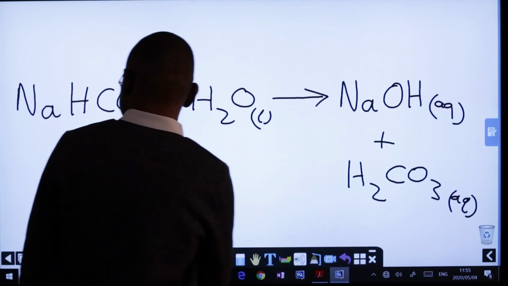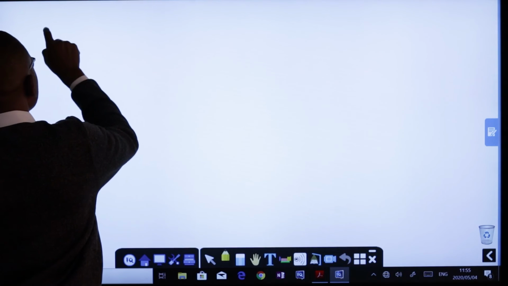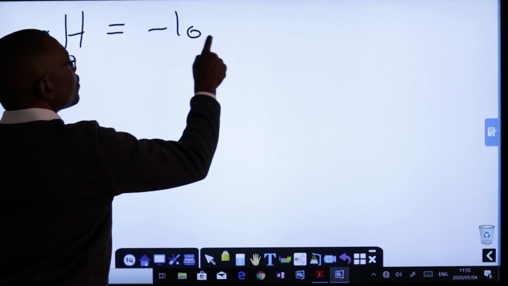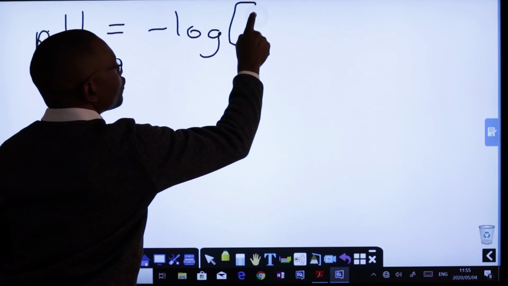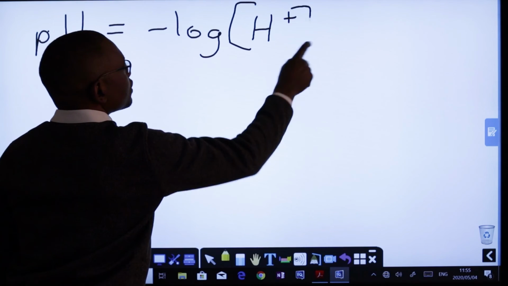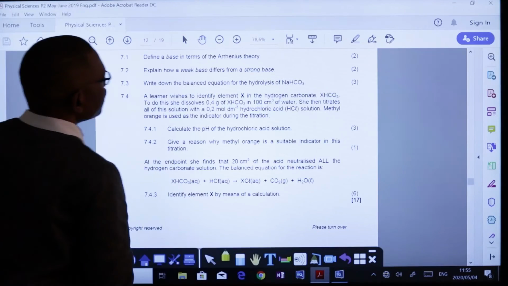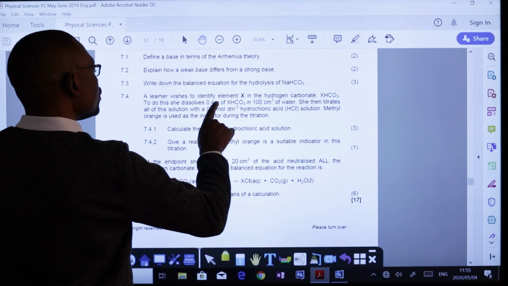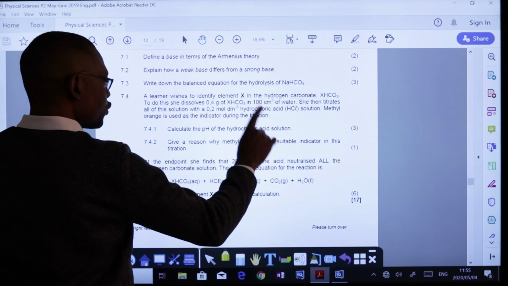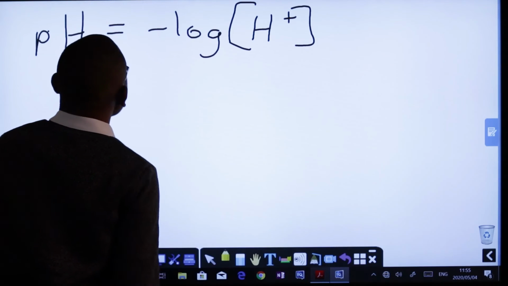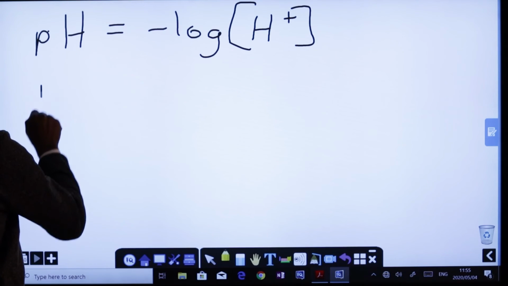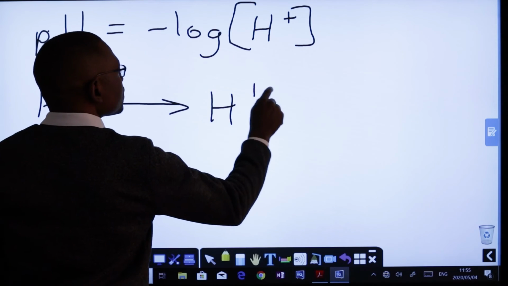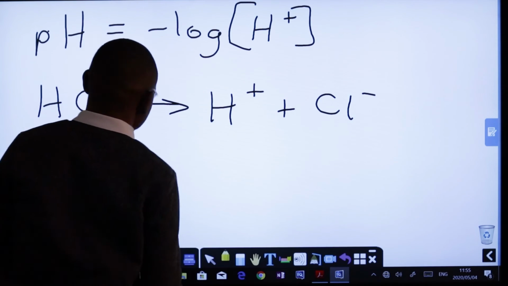Boys and girls, we know that pH is always equal to minus log the concentration of H+. If you look at this information, we are told that we've got 0.2 moles per dm³ of hydrochloric acid. Hydrochloric acid breaks down to give us H+ and Cl−.